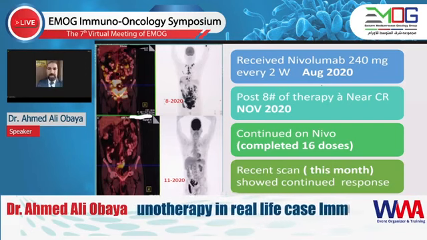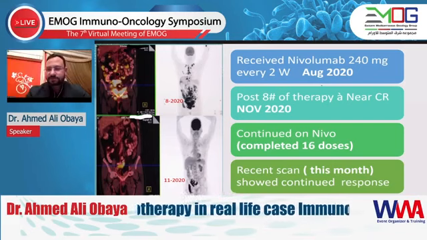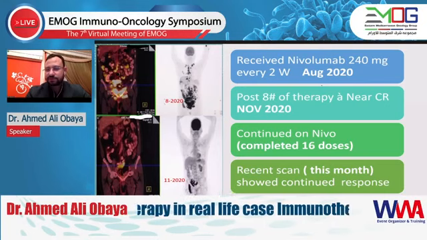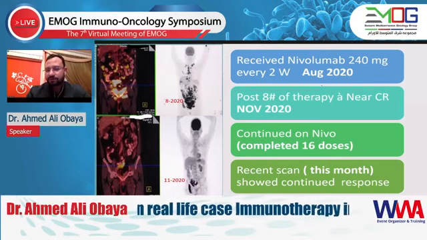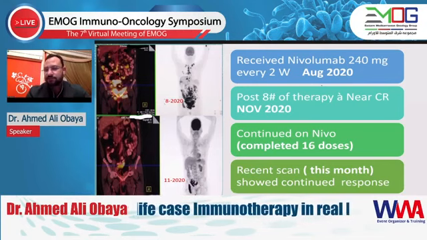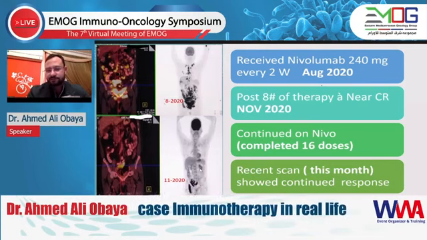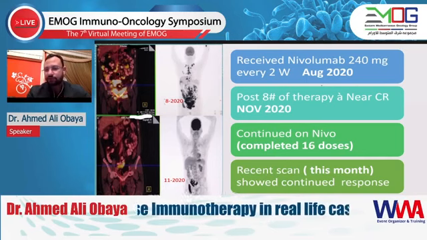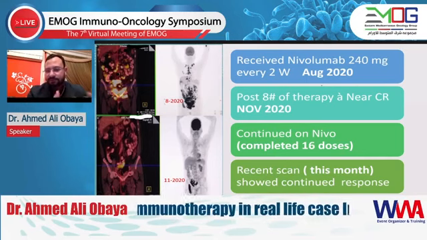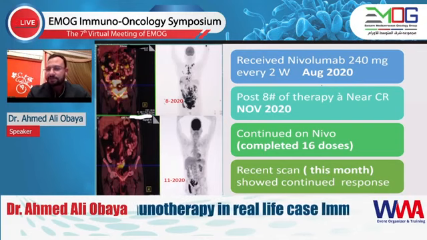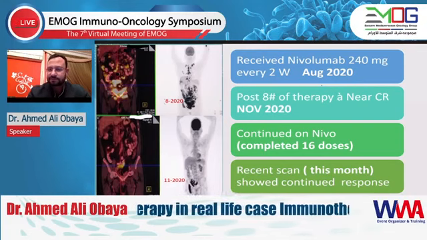And also the same concept is used when we are using the IO. If the tumor microenvironment is not suitable for the working of the PD-L1 inhibitors, you can give the CTLA-4 to work on the systemic circulation instead of working in the tumor microenvironment. But all these theories are not implemented. Yes, we don't have data to confirm these theories.